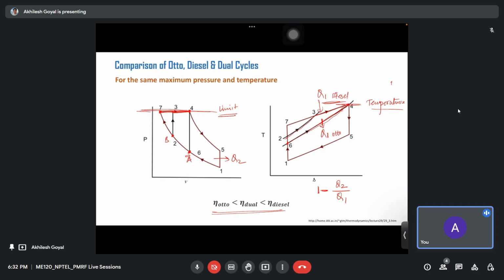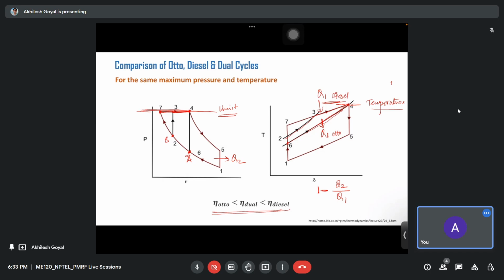So here we talked about two things in efficiency comparison. The one is for same compression ratio. For same compression ratio, the efficiency of Otto cycle is higher than the efficiency of diesel cycle, and for same maximum pressure and temperature, the efficiency of diesel cycle is higher compared to the efficiency of Otto cycle. These are the two main comparisons of efficiencies.